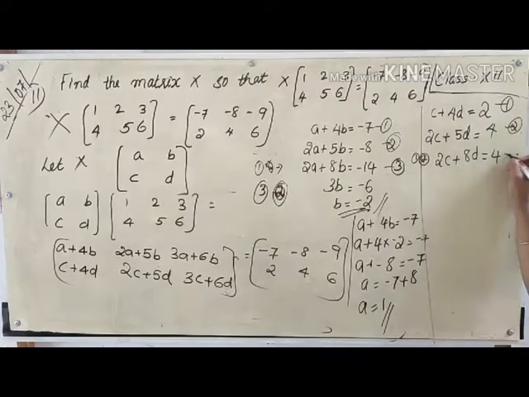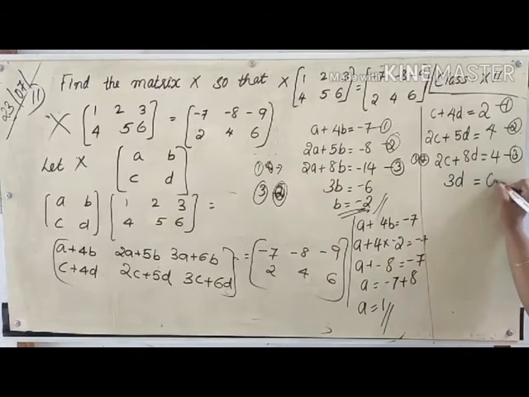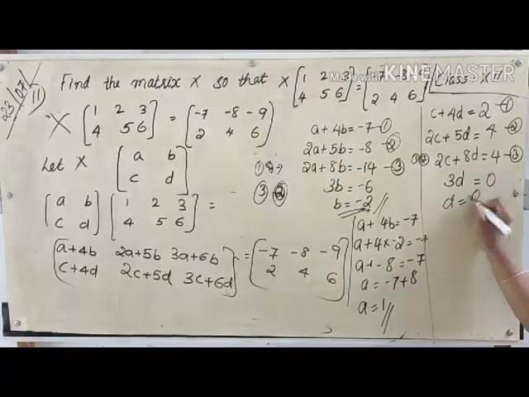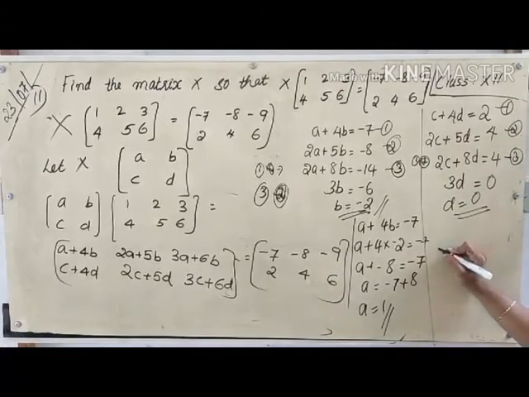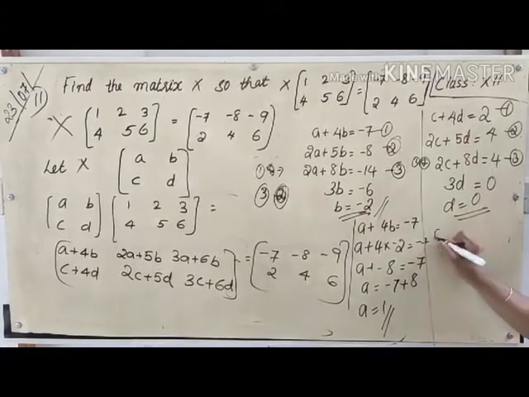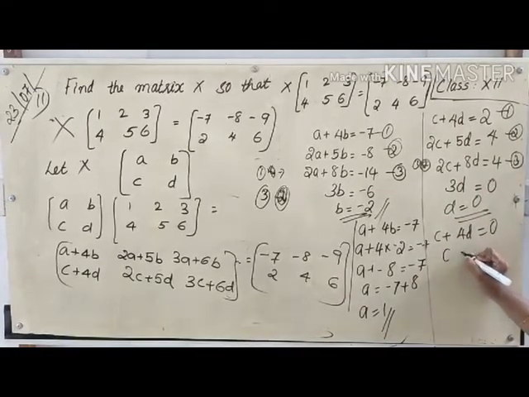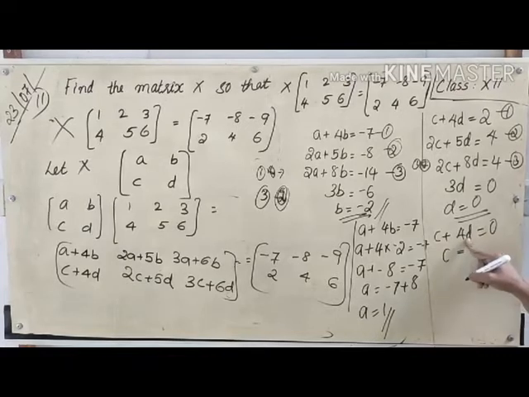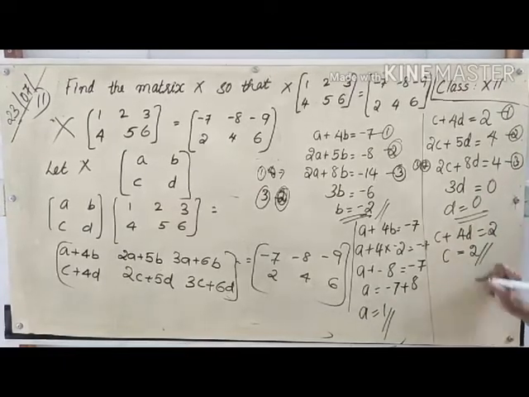Then on subtracting what we get? 3D is equal to 0. That gives D is equal to 0. If D is equal to 0, what is C? C plus 4D is equal to 2. That means C is equal to 2.